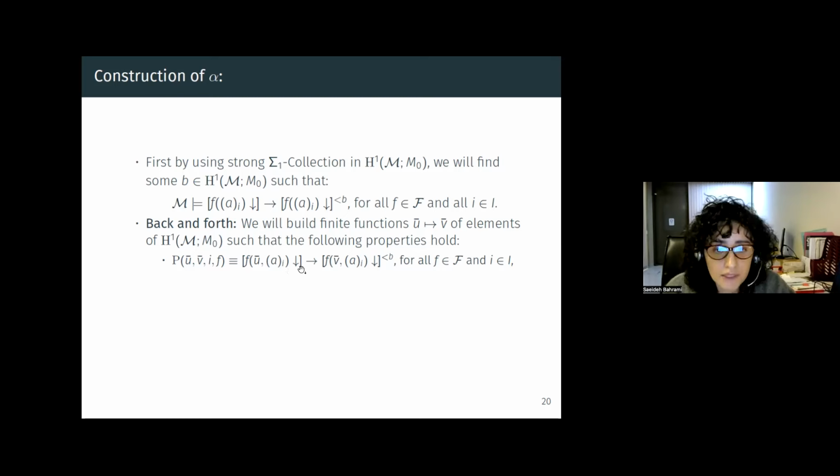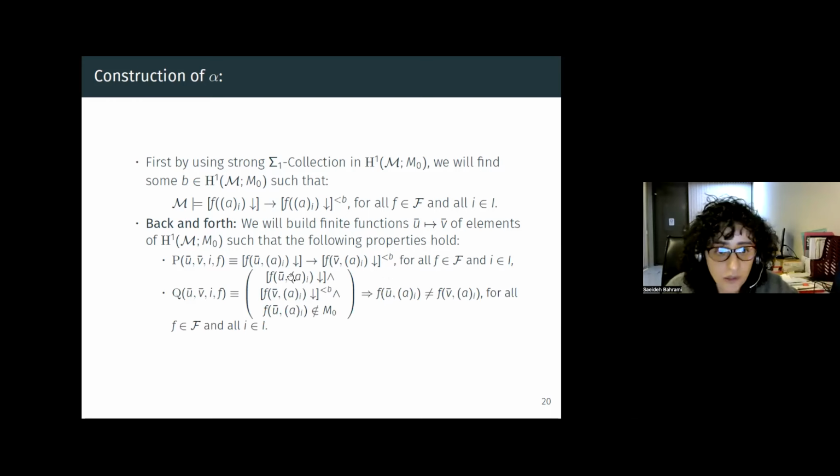This property guarantees that these finite functions are embeddings, and B is an upper bound, and they fix all elements of M0.